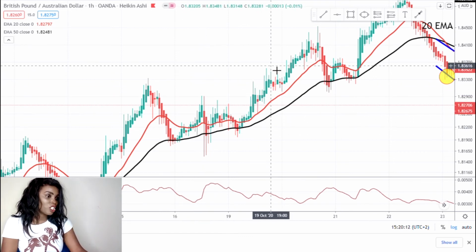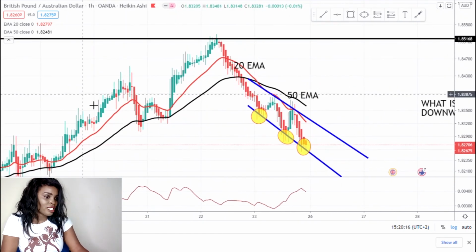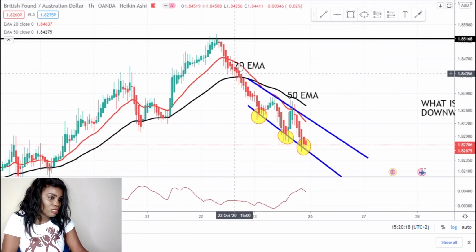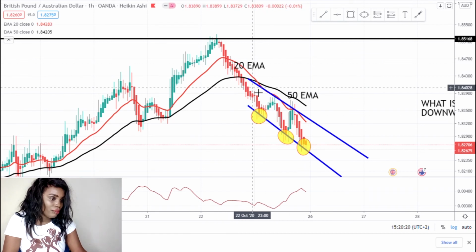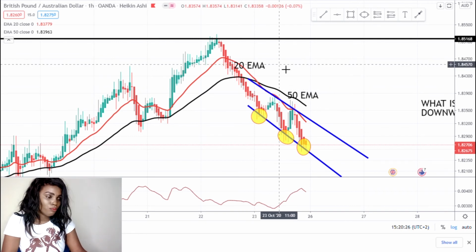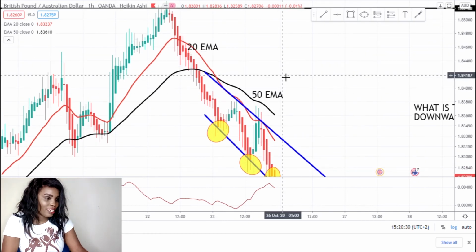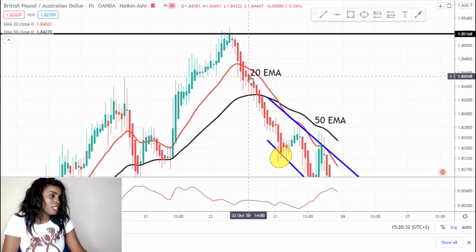But there's a catch. If you want to be accurate, if you are an aggressive trader, if it goes below, you see here, it went below 20 EMA here, around here, I would have placed my trade. But because I want to be extra careful, I decided to be using 50 EMA just for confirmation.